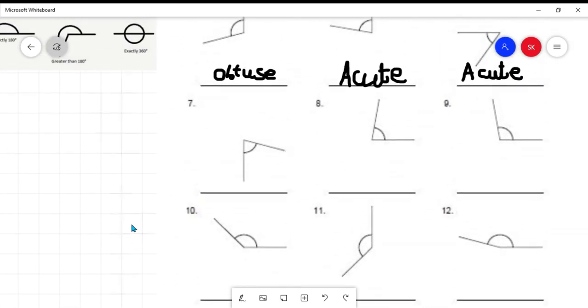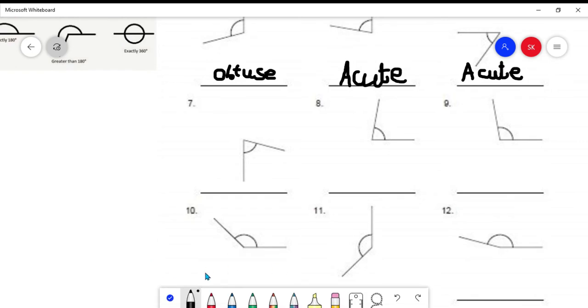There's no reflex angles in this lesson, but you should know reflex angles, so I'll quickly draw on here. That would be a reflex angle.